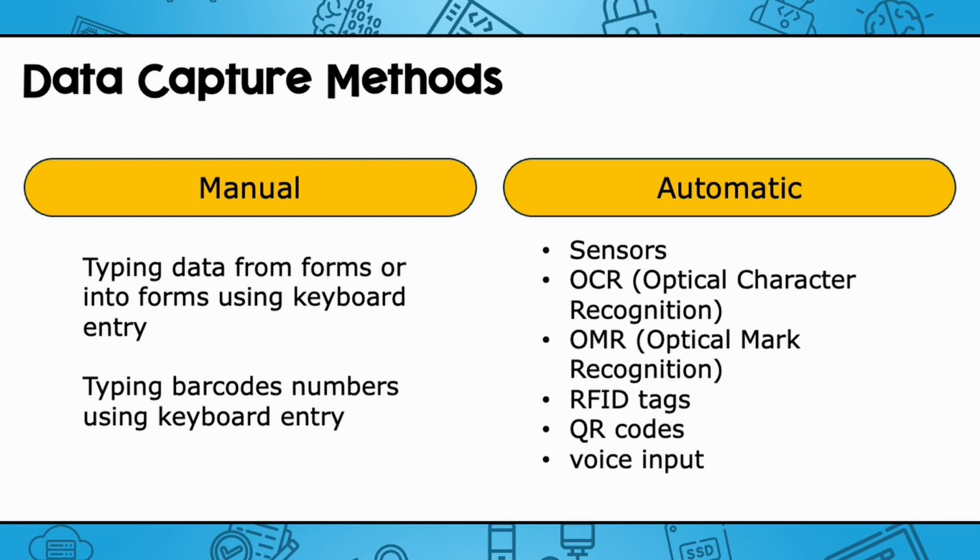Automatic ways of capturing data include scanners, optical character recognition, optical mark recognition, RFID tags, QR codes, voice input, all of these different things. Basically, automatic methods of data capture use technology, which very much reduces the risk of errors being introduced into our system.